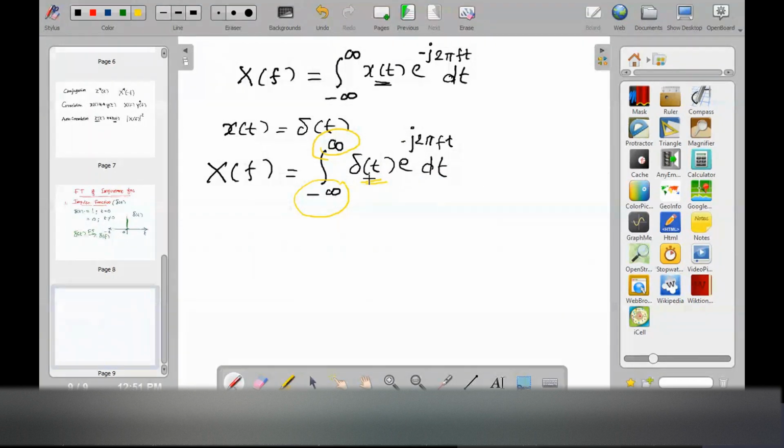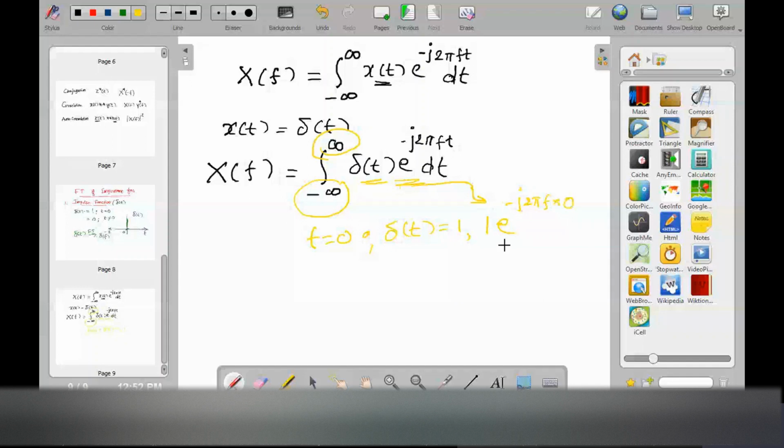When t is 0, its value is 1. Suppose t is 0, then delta of t is 1, and if I write 1 into e to the power of minus j 2 pi f into the value of t, which is 0.